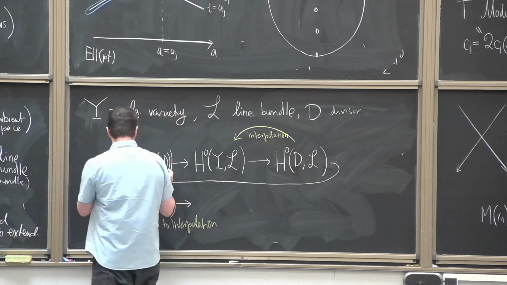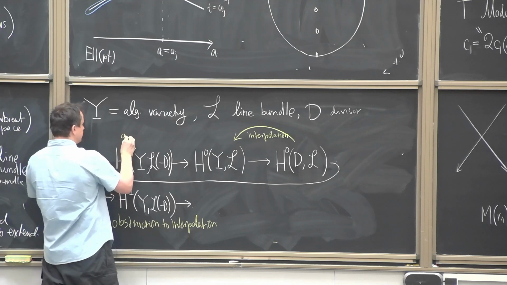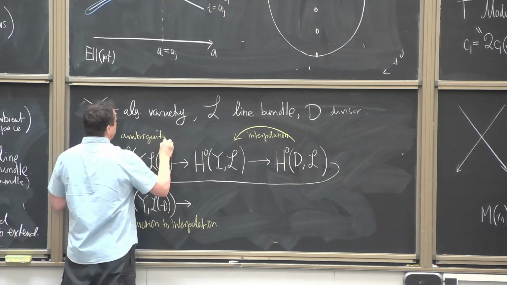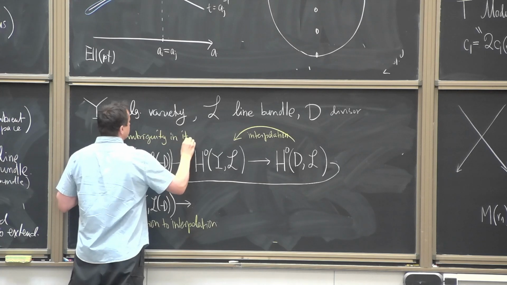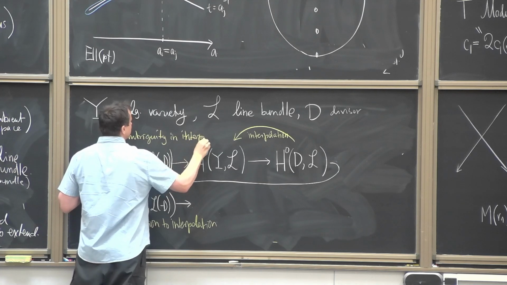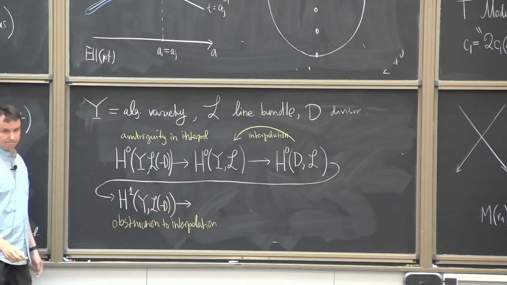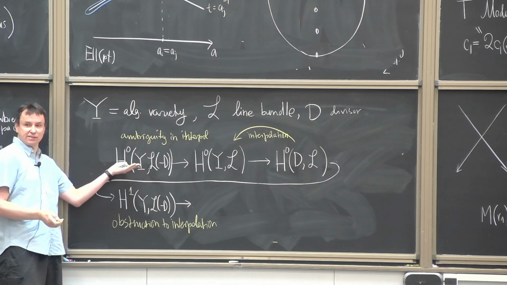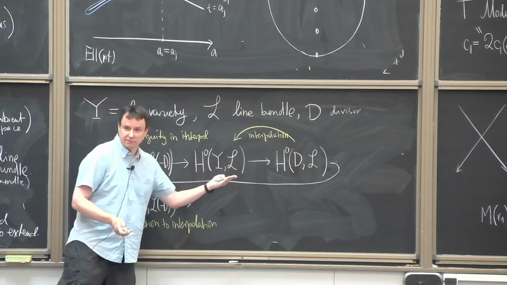And this, of course, is the ambiguity in interpolation. Because if you have some section that just vanishes on the divisor, I'll just go to 0.